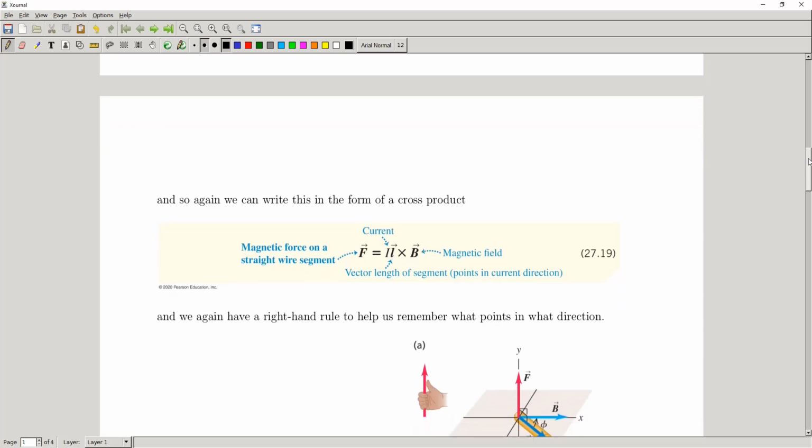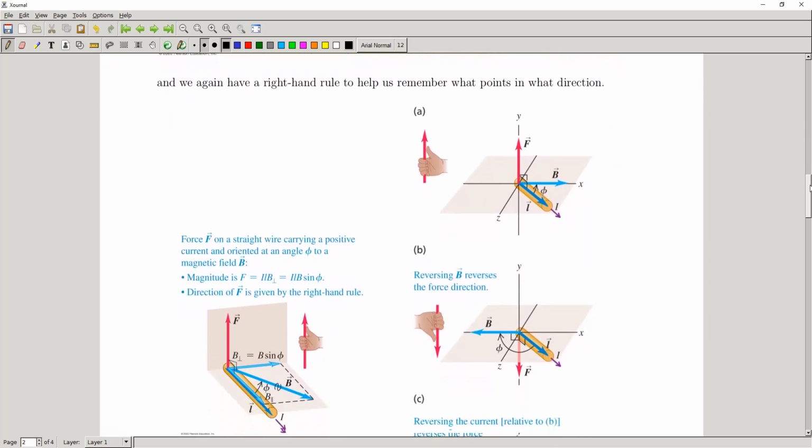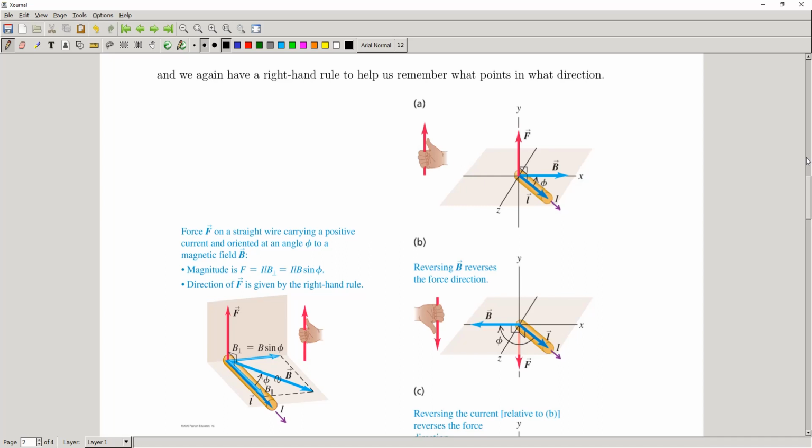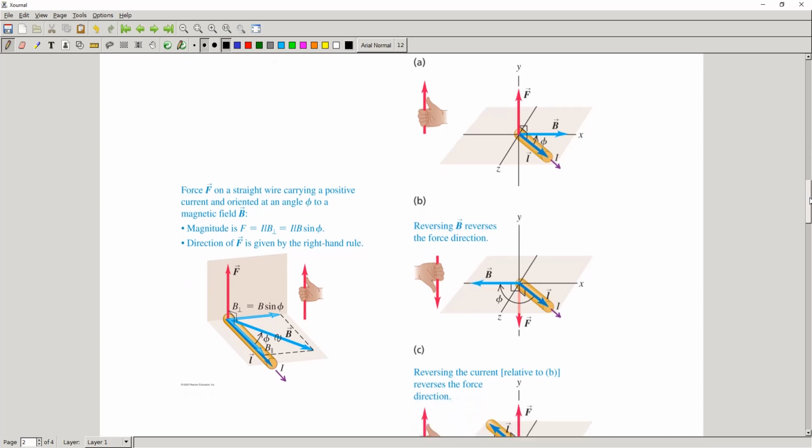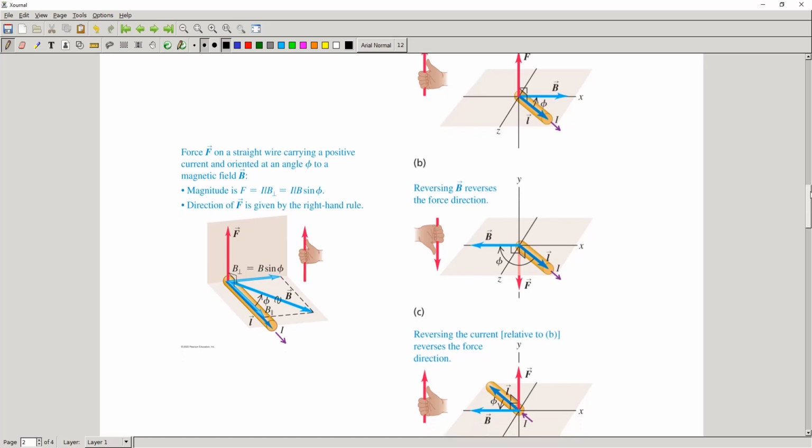And just like we had a right-hand rule for all these single charge situations, the right-hand rule also works for all these current carrying situations. So we have a bunch of different diagrams here. They're all right-hand rules, and it's a nice way to remember what direction things are going to point in. Let's say we look at this first diagram on the left.